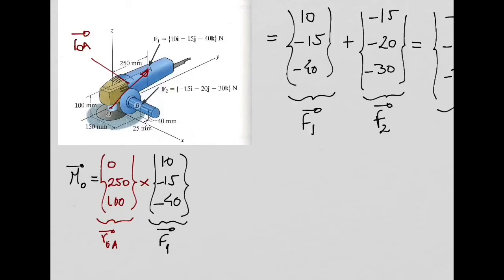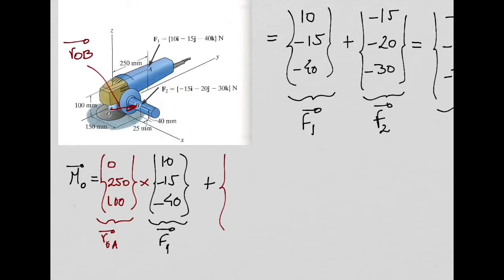I need to add now the contribution from my force F2 for the moment. So for the force F2, I need now to get the position vector connecting point O with point B. It's always a good idea to draw these position vectors because you need to get the components of these vectors. So this is going to be my position vector ROB.